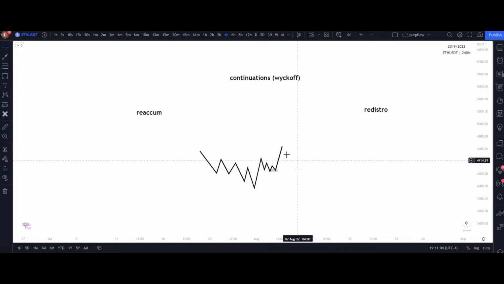Many people are left behind, and many people are stuck shorting within this area right here. They want to take it to the downside, right? But understanding in these continuation scenarios, you will be left behind if you use just one type of confluence. If you're using a singular confluence every single time, that's going to bring that analysis paralysis where you believe that you're wrong, that your way of trading is just not right.